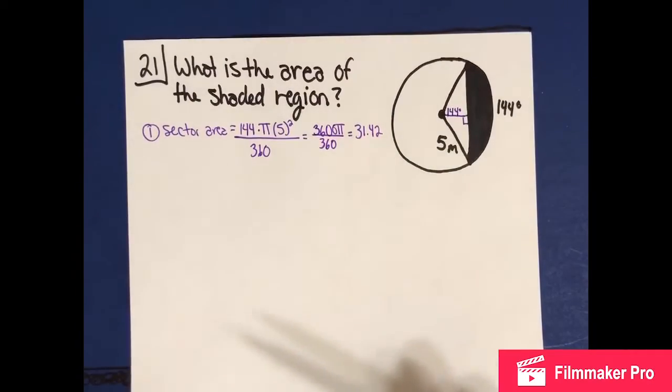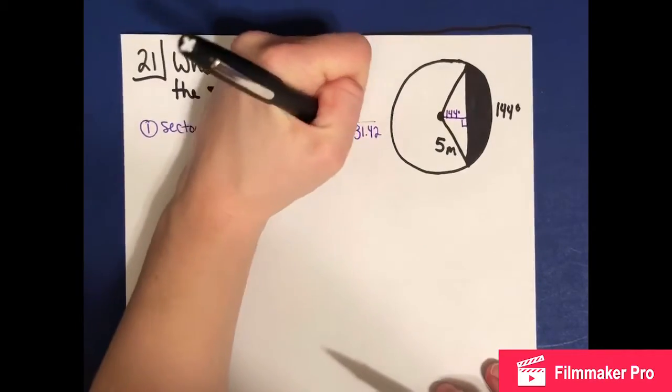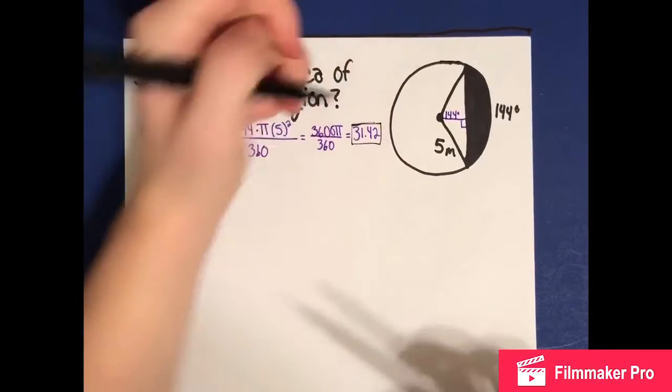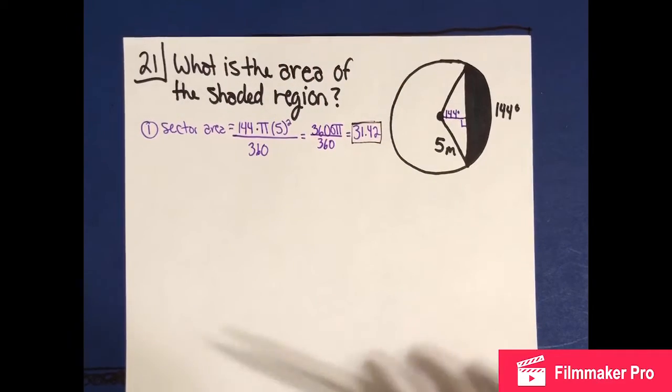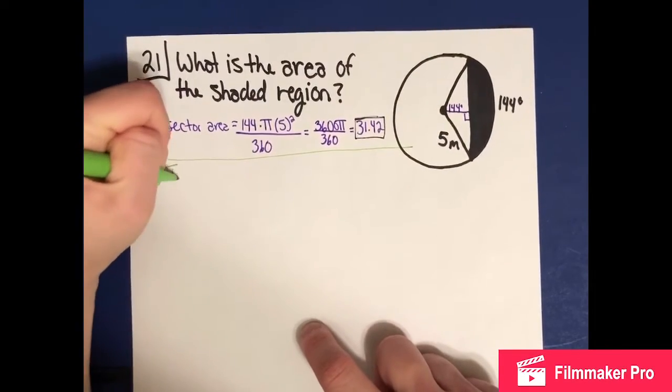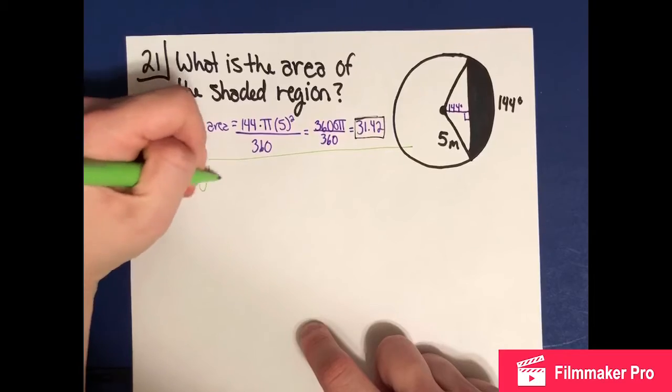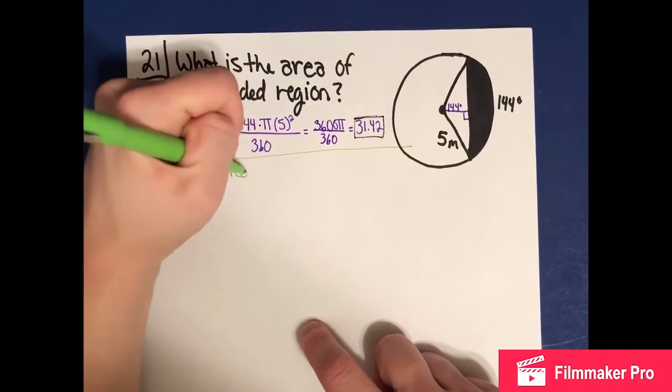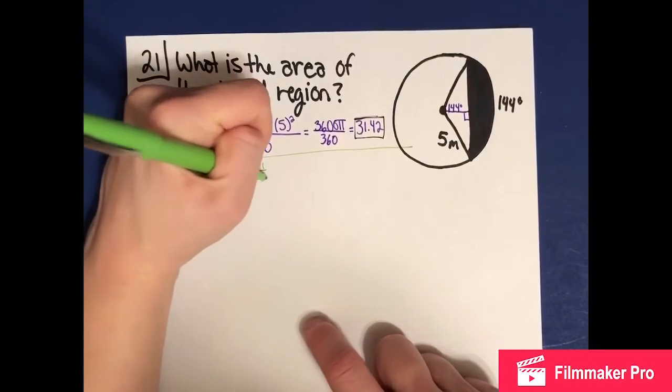So already done the first part of this. We're going to move on to the second part, the triangle part. So we're going to have the triangle area equals 1/2 base times height.